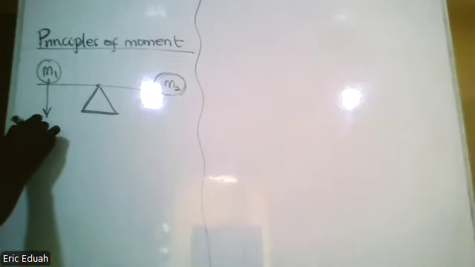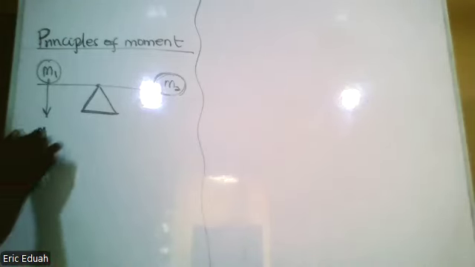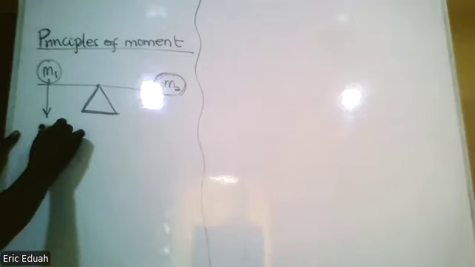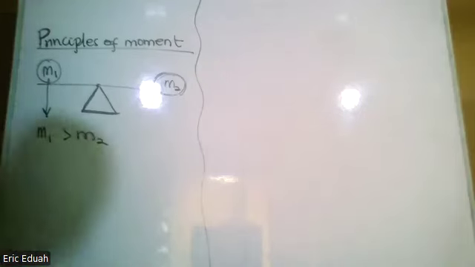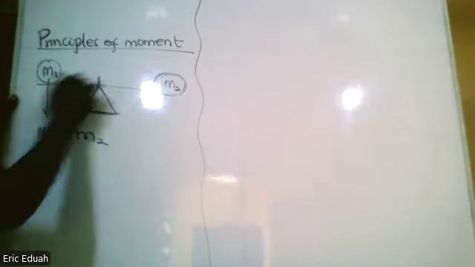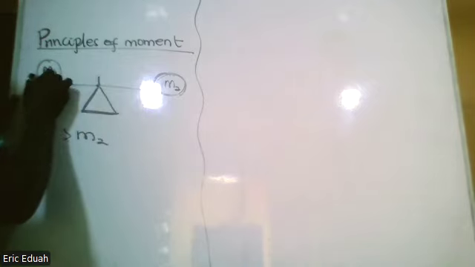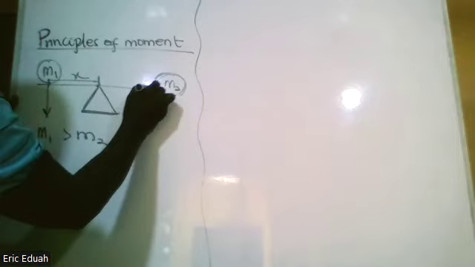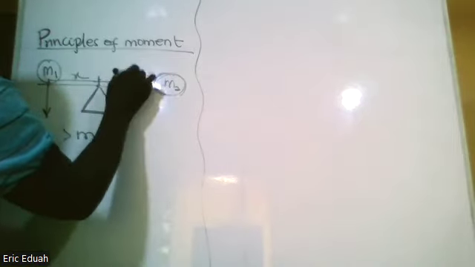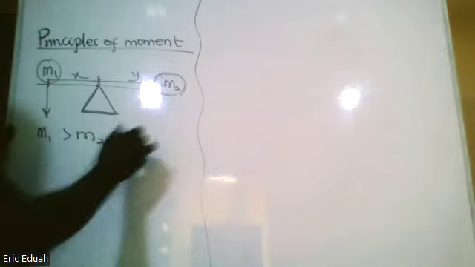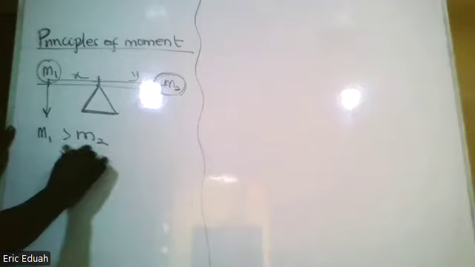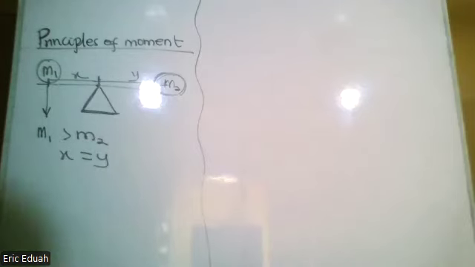So if M1 is greater than M2 and their distances around the pivots are the same, X, this is Y. If X is equal to Y and M1 is greater than M2, there will certainly be turning effects.